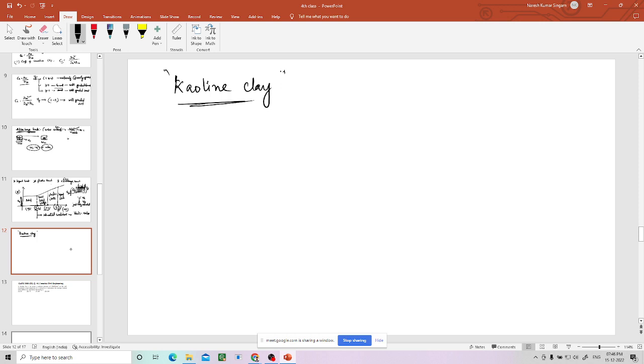Now, I can tell you how the soil is classified based on this liquid limit, based on these water contents, and based on the percentage finers. We can divide the sample into different names.